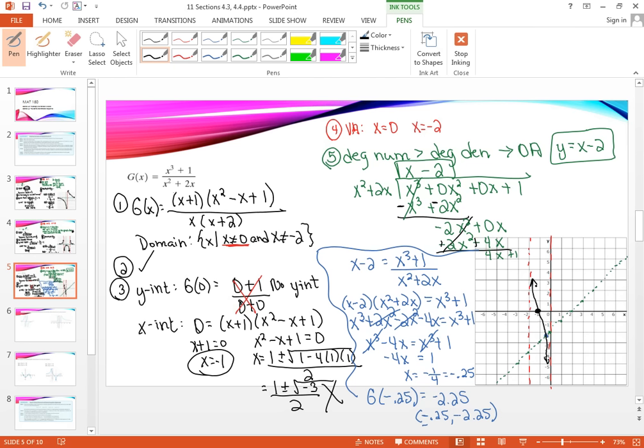Okay. So if you go back and you look at the multiplicity of the vertical asymptotes, notice that the multiplicity on both of them was a 1. So that says to me that if it runs up here, it should be running down on the other side, which makes me think it's down here somewhere.